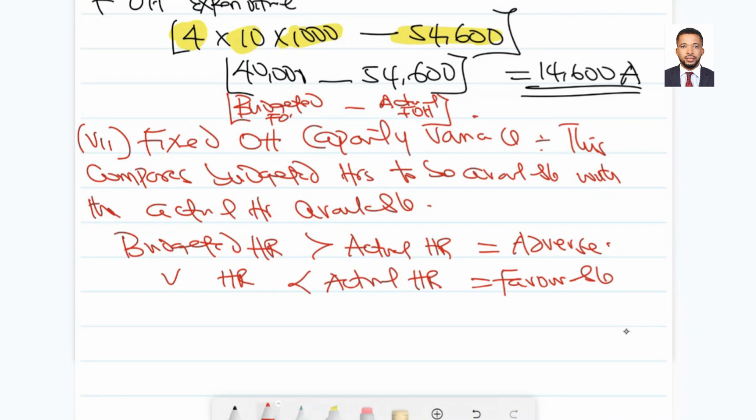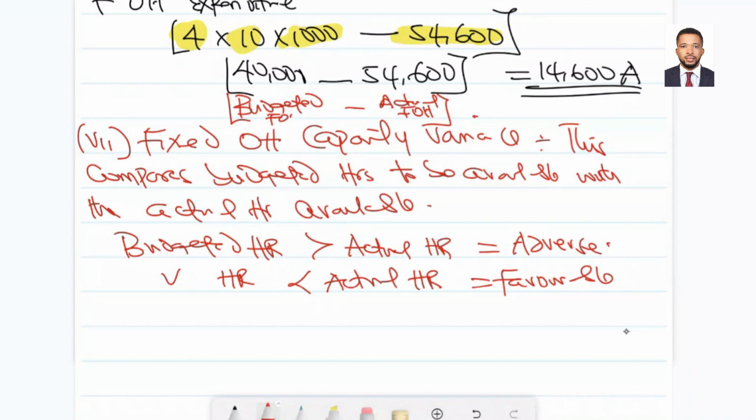Let me explain. This is not directly like your cost variance. When you talk of capacity variance, it's simply talking about resources availability for you. If you have more resources for your production, it's better. We are not looking at usage of resources. We are looking at how many hours are available for you to use.